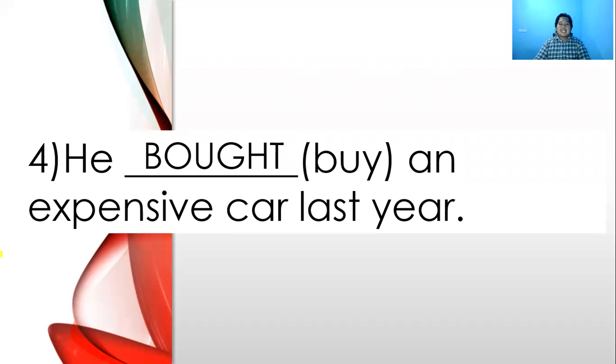Bought is the past tense of the word buy. So is it a regular or an irregular verb? Correct. That is an irregular verb. Why? Because obviously we have changed the spelling of buy to bought. It is a completely different word. Okay? Last one.